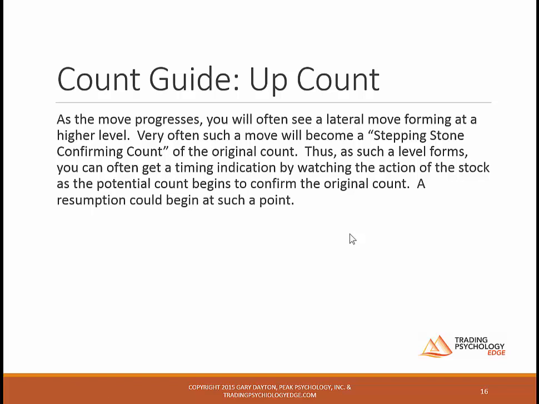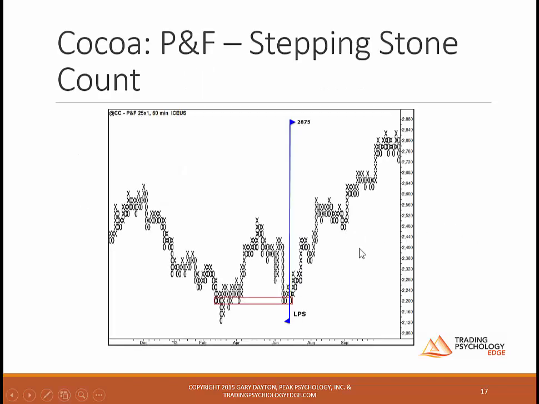If you're watching a stock, let's get into this here, and I'll explain it as we get in. So here's our count. We were down here on the last segment of Coco on the 25 by 1 figure count. Figure chart, and we had a projection to 2875, and it's almost there.